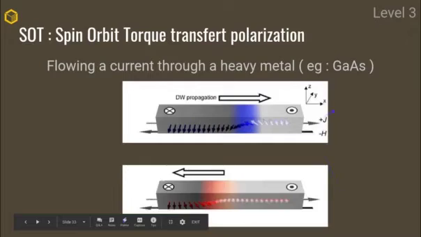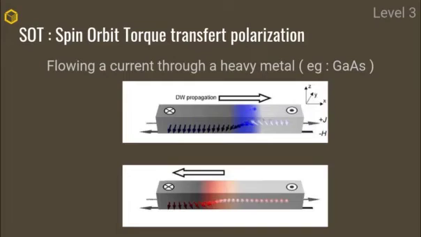Now, say we have two current polarizations. In one case, our electrons are going this way, and we can see that our positively polarized electrons are going to go this way. Now all our positively polarized electrons end up here.